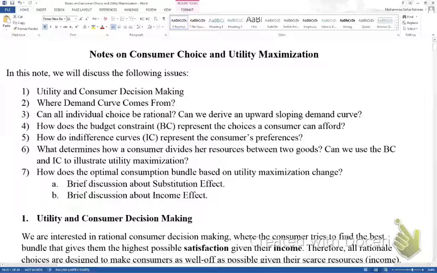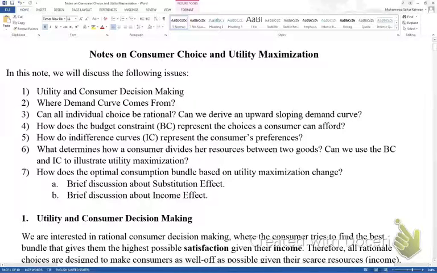After covering this, we are going to develop two very important graphical tools. One is called an indifference curve, and the other one is called a budget constraint. We are going to show that these two graphical tools can be used together to give you a graphical illustration of how our consumer makes those really complicated rational decisions.